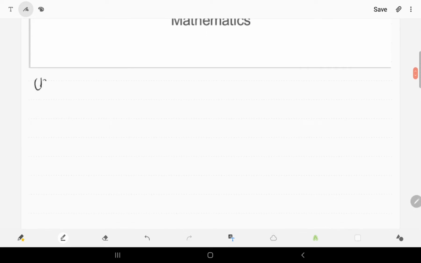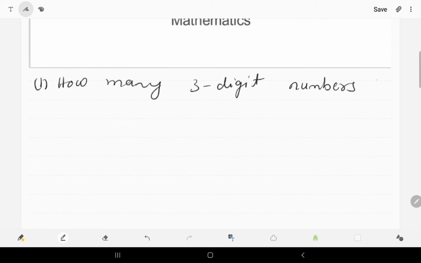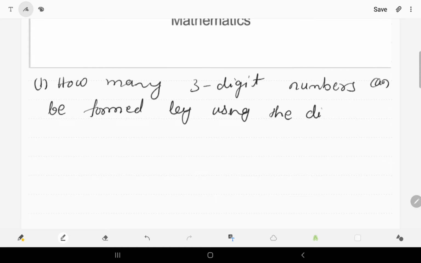Let us take first example. How many 3-digit numbers can be formed by using the digits 1 to 9 if no digit is repeated?